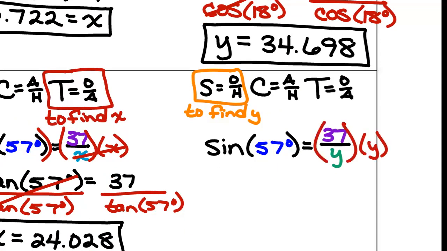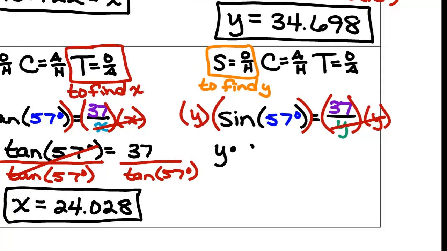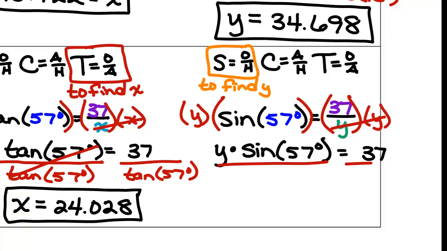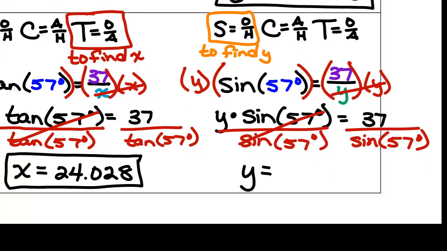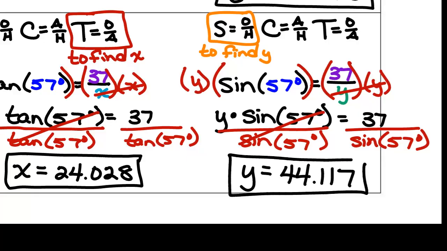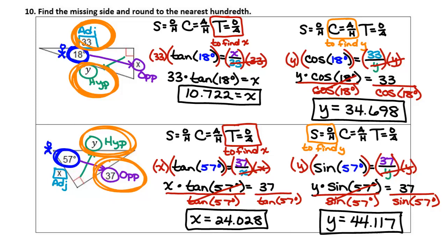Multiply both sides by y, so we have y times the sine of 57 degrees equals 37. Divide both sides by the sine of 57 degrees. And what is 37 divided by the sine of 57? 44.117. Absolutely correct.